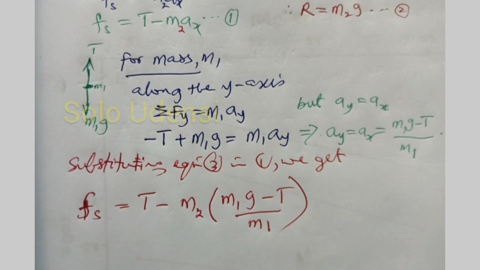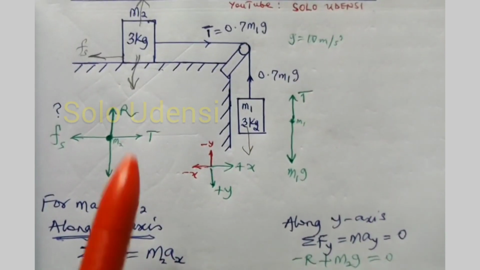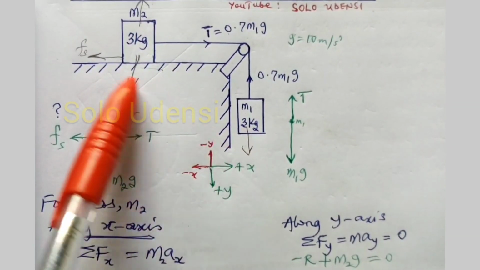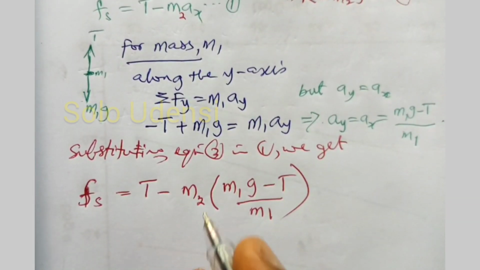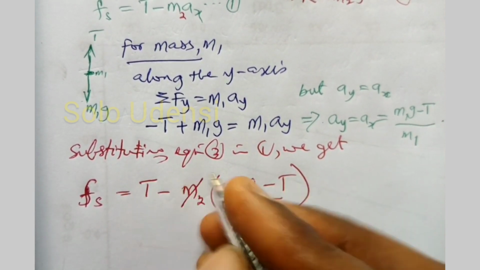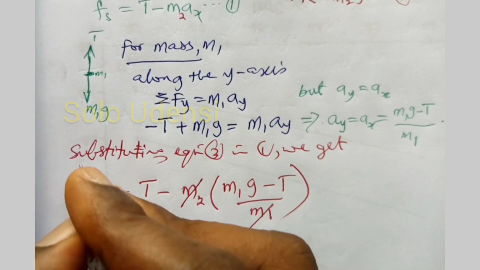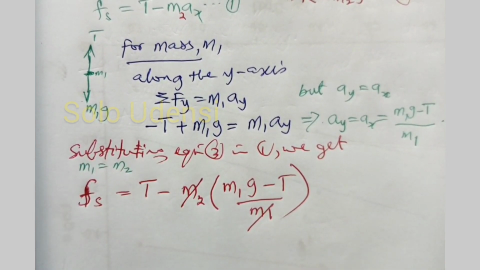From our problem we see that m1 is 3 and m2 is 3, which means they are equal, so m1 can cancel m2 because they are equal.